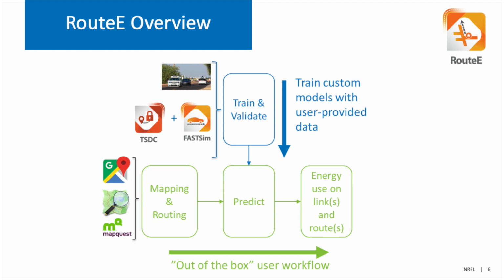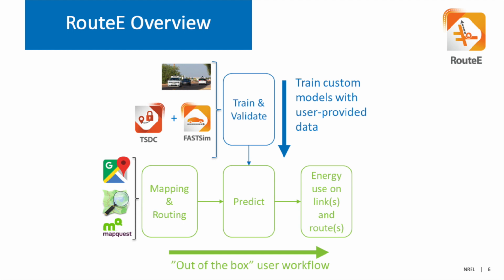In this case, we use drive cycles from the Transportation Secure Data Center. We have over 1 million miles of drive cycles. We train these different vehicle types. We have battery vehicles, PHEVs, conventional vehicles, and so forth. We train these models over the TSDC drive cycles and an underlying road network, in this case TomTom, where we have various road attributes such as gradients, number of lanes, and so forth.